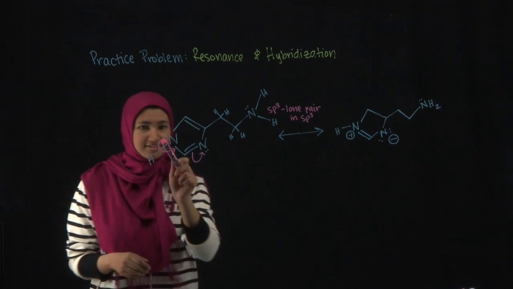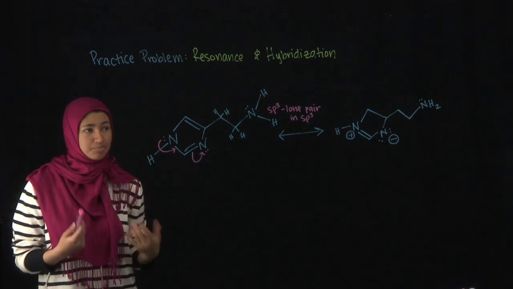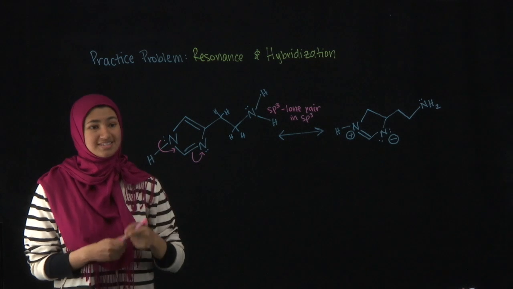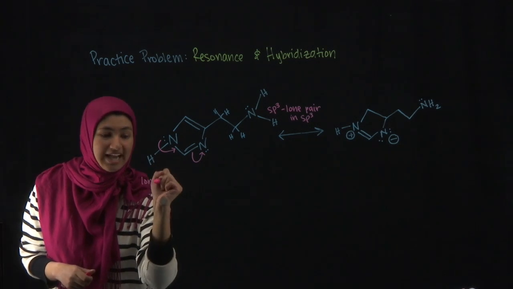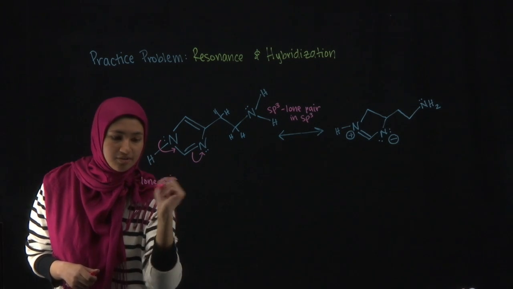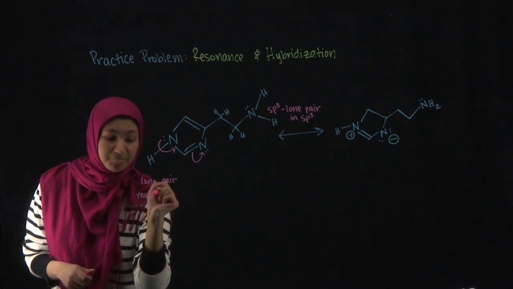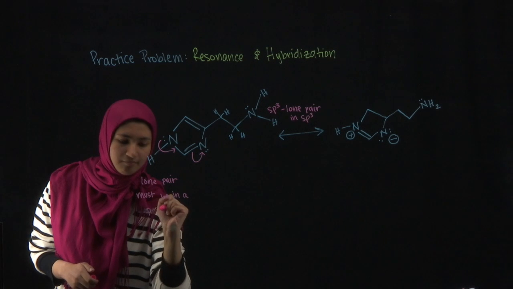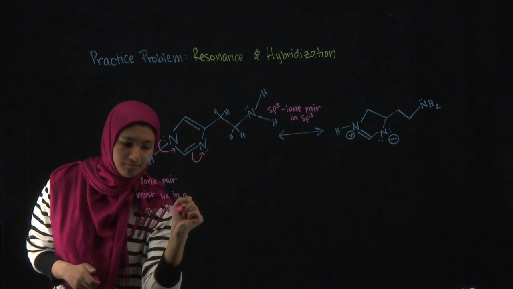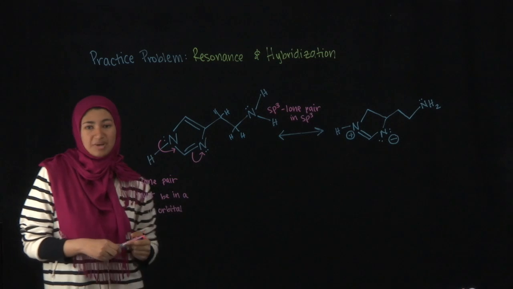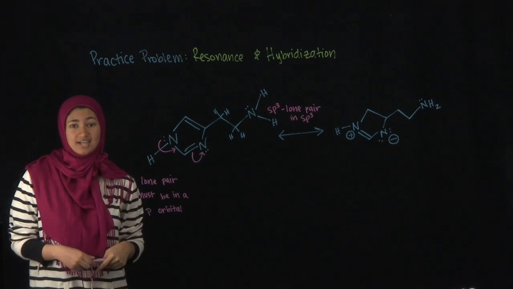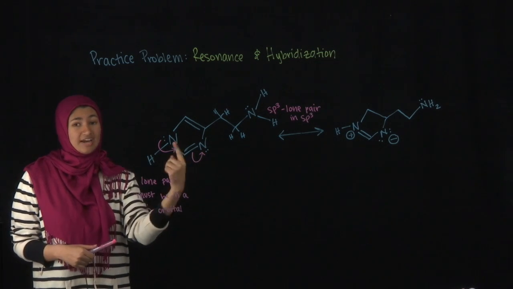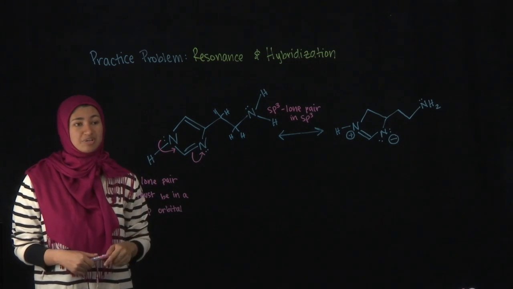This nitrogen will now have a positive charge, and this nitrogen will now have a negative charge. So we saw that this lone pair on this nitrogen atom could participate in resonance, which means that the lone pair had to be in a p orbital. Again, this kind of goes back to what I said about thinking of resonance as a p orbital phenomena, where we have this conduit or this little highway of p orbitals.